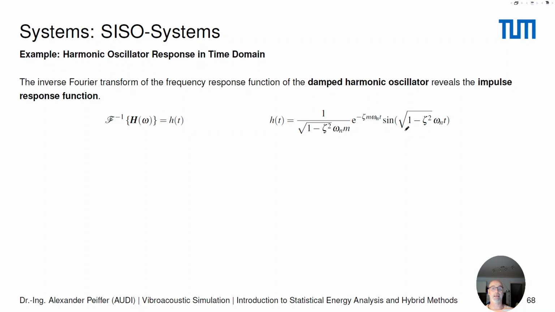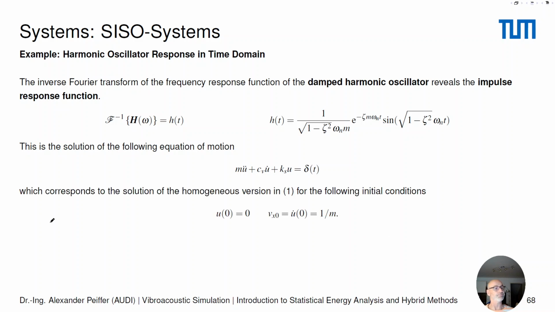It's a damped oscillation with a sine function and a specific phase given by a factor at the beginning. At the same time, this is also the solution of the following equation of motion. The excitation here is logically the delta function at time 0, and this is the equation of motion for the harmonic oscillator in time domain.